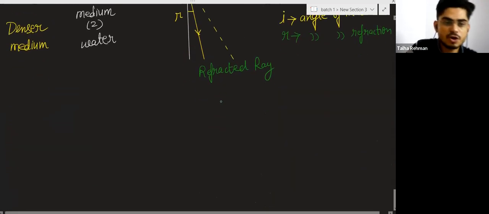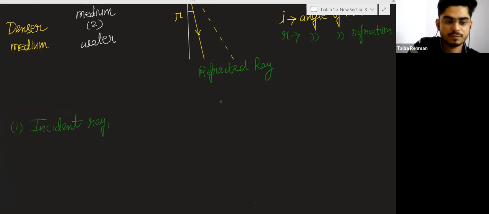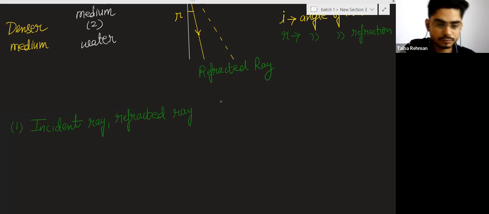So the first law of refraction is: the incident ray, the refracted ray and the normal at the point of incidence.